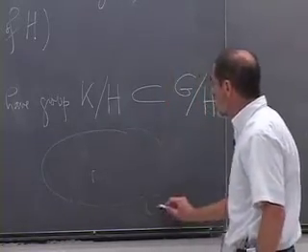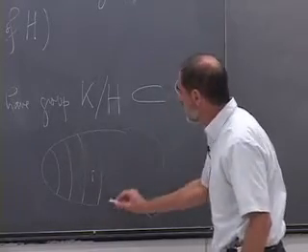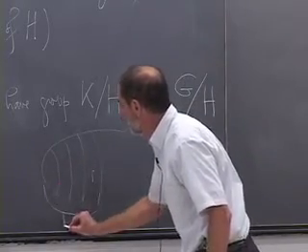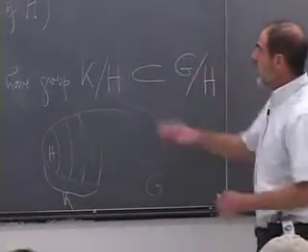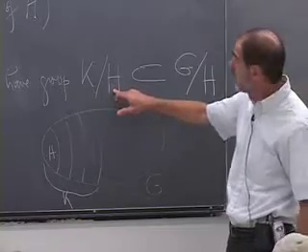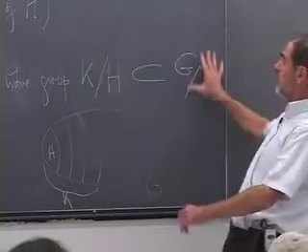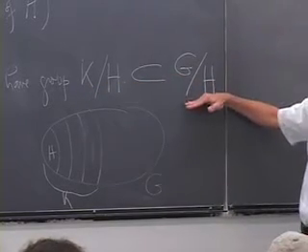If we take G and divide it up into the distinct cosets of H, a certain number of them will form the subgroup K, because K itself is a union of H cosets. A certain number of them give you K, and the rest of them give you G. So you get a group which is a subset of this group.